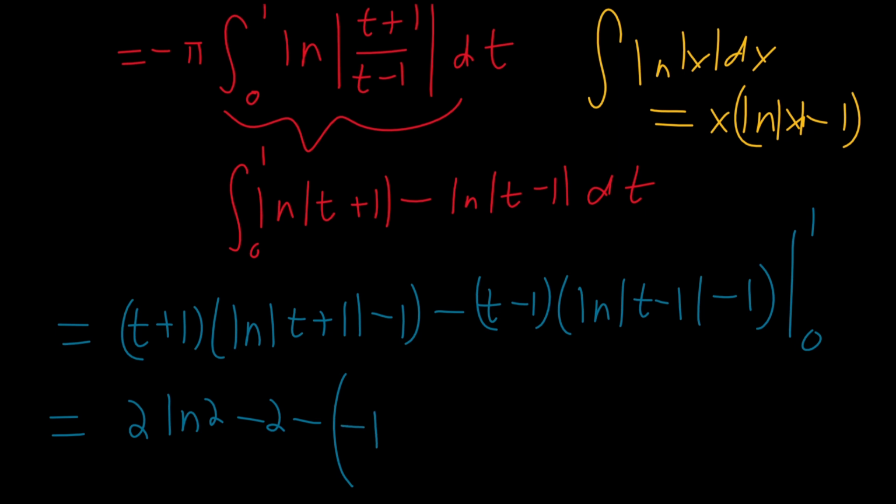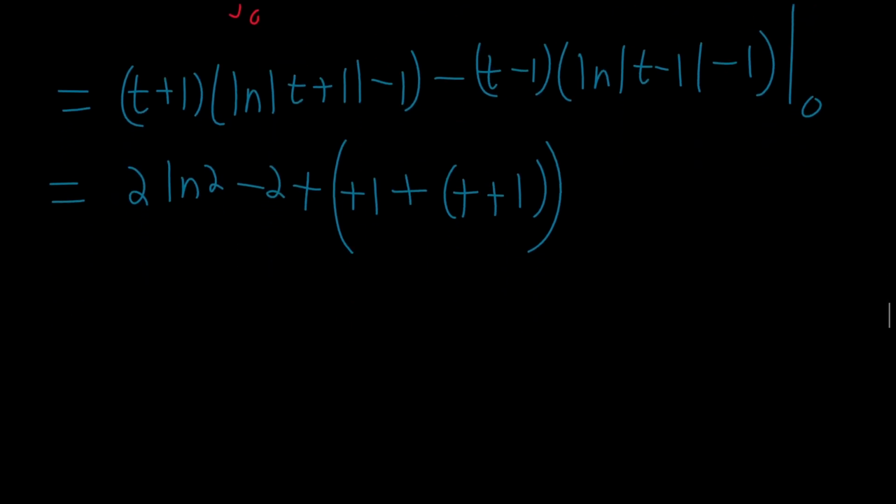And then we're going to have minus, we're going to plug in 0 here, another negative, there's way too many negatives here, times the natural log of the absolute value of negative 1, which is just natural log of 1, which is 0, minus 1. So let's just go through here real fast and say that's positive. In distributing this sign, we have that is all positive. So this is a perhaps convoluted way of saying that these terms cancel. It's negative 2 plus 2, 2 natural log 2.